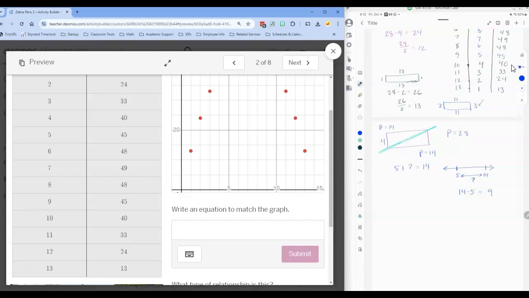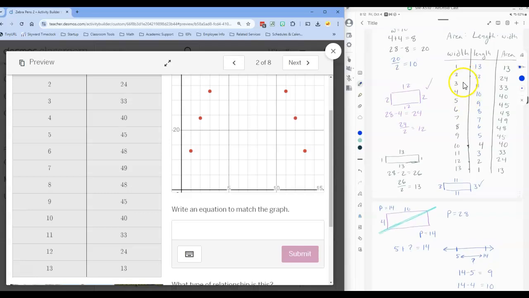Well, we do the same process. We do 14 minus 4 equals 10. So we know that other side would need to be 10. And you can again see that up on the table here. We have a 10 and a 4. If we scroll way up, we can see the 4 and the 10 up there.